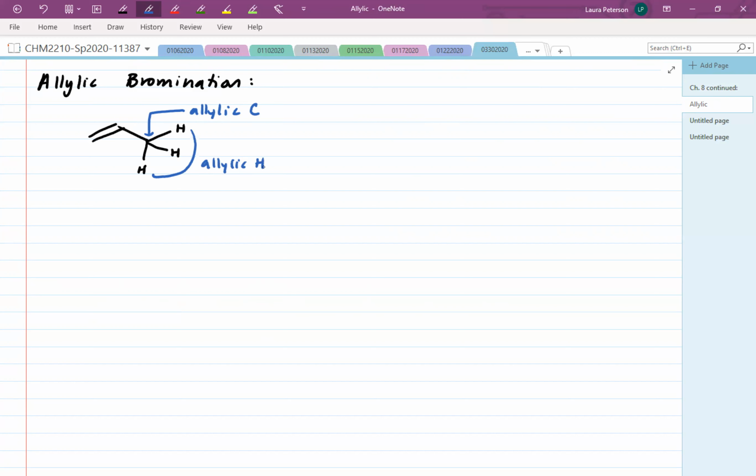What we're doing in this reaction is taking a molecule that has an allylic carbon-hydrogen bond and substituting that for a bromine. So we are doing a type of free radical halogenation, but it specifically occurs at the allylic position. The products that we get in this reaction are going to be allylic bromides. The simplest one would be this. This would be an allylic bromide, and this is the type of bromide that we're going to make in this reaction.